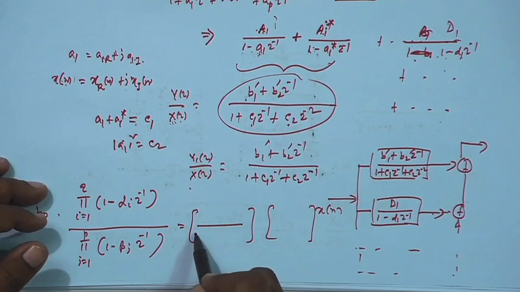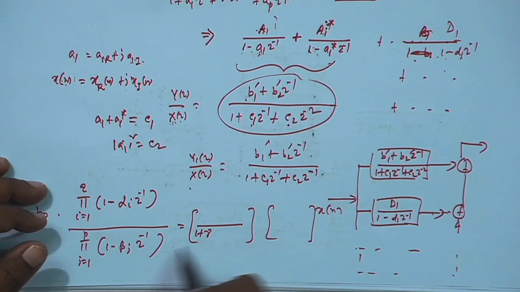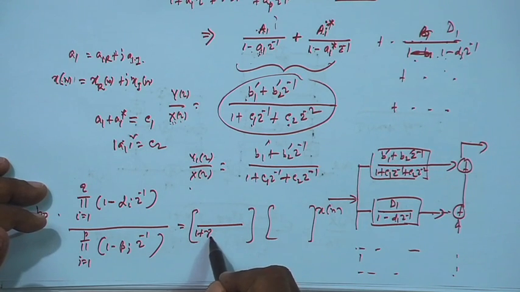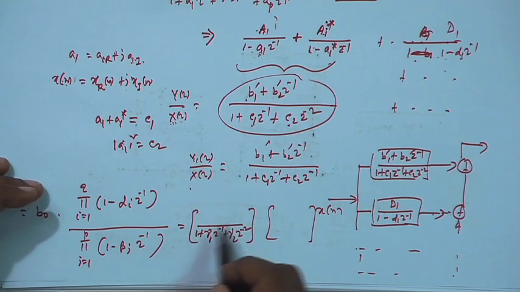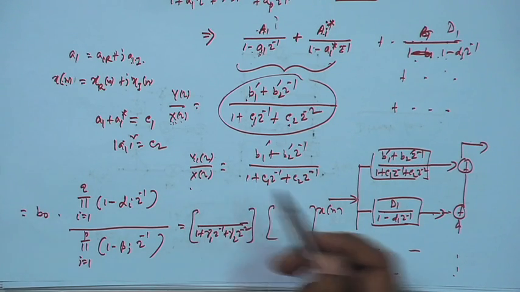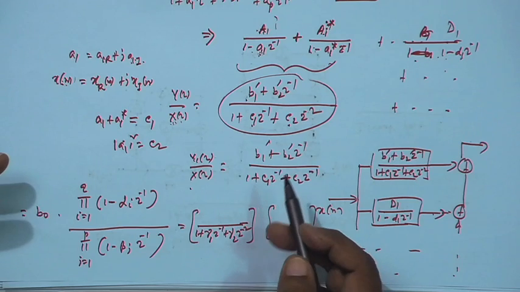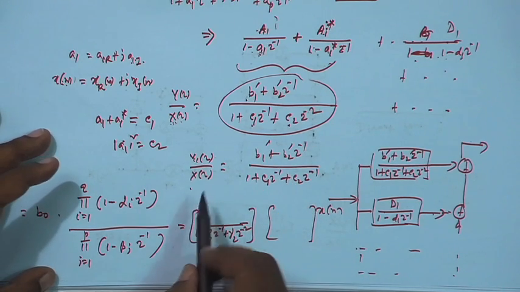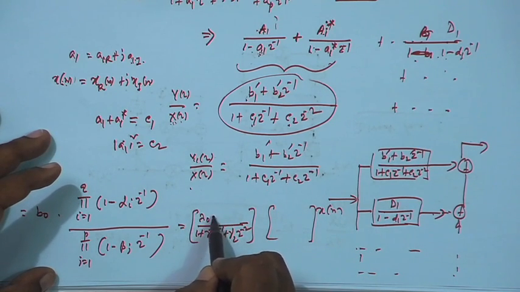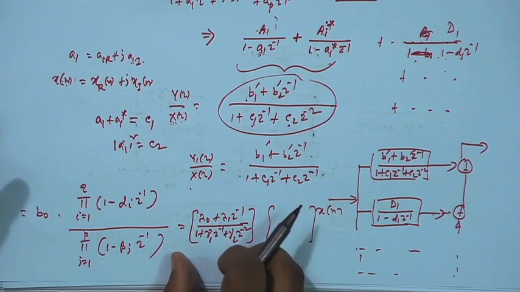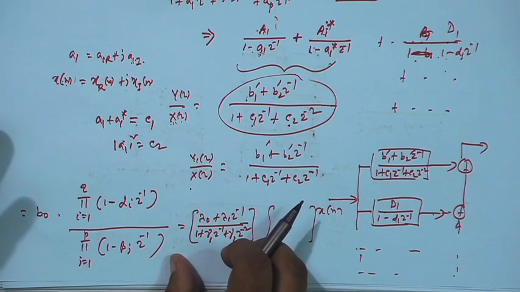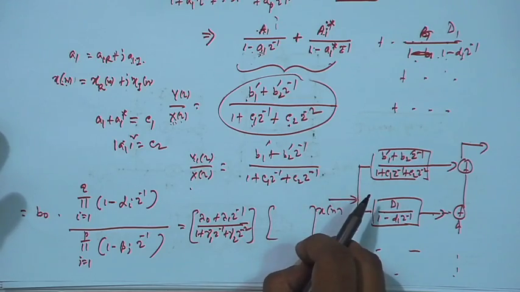Second order means maybe 1 plus some gamma 1 Z inverse plus gamma 2 Z inverse 2, and the numerator will be some, we have got alpha, beta, gamma, what else is left, maybe lambda 0 plus lambda 1 Z inverse, something like this. This is one filter, there will be another filter, and this could be a first order also.